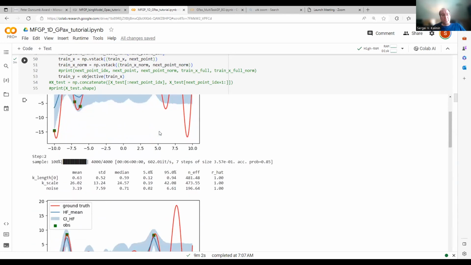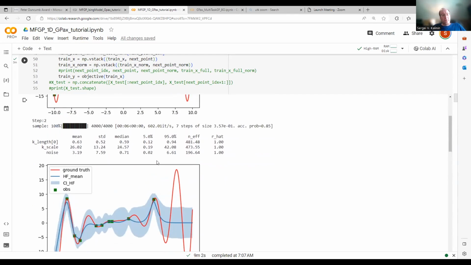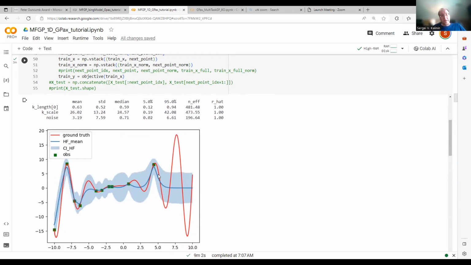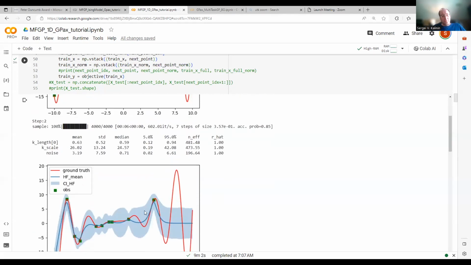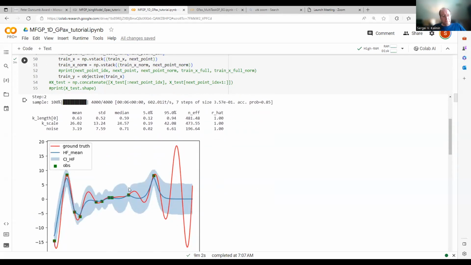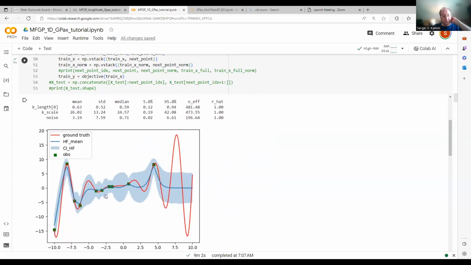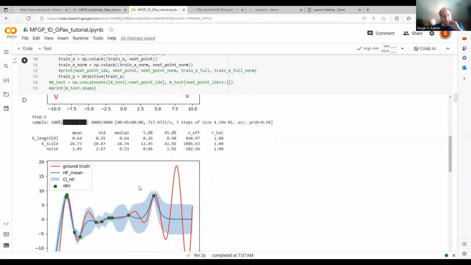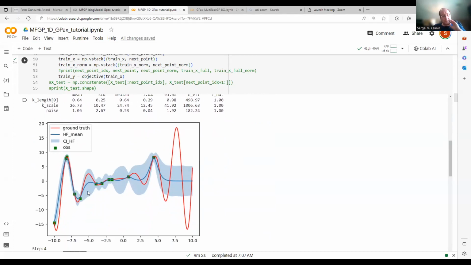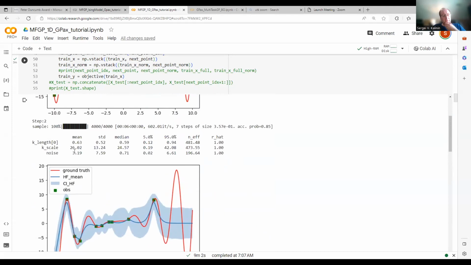So let's keep doing it. So it keeps selecting the new locations for measurements. So where did it take the measurement this time? So it updated the situation here. Then it keeps learning, and it starts to make the noise smaller.